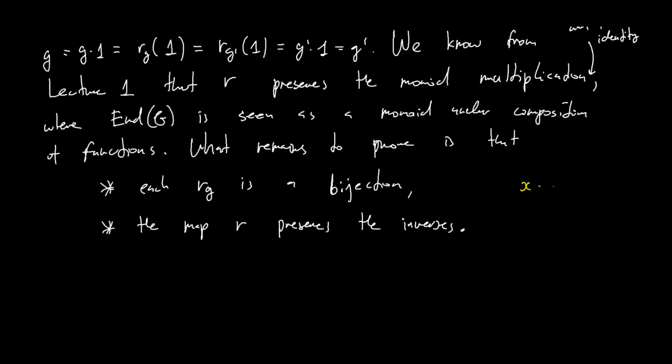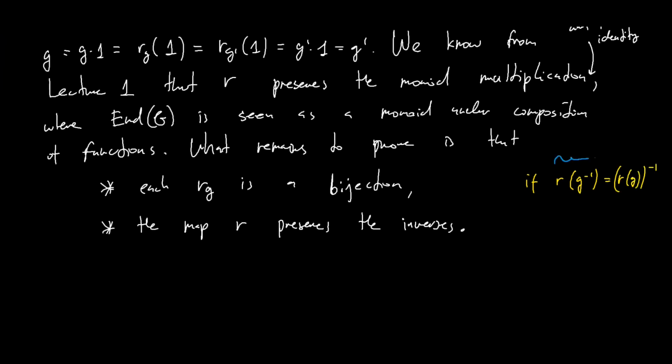So imagine we know that this is true. Then R of, okay, let me use G. If G prime is an inverse of G, okay, let's put it this way: if R of G inverse equals R of G inverse, that is exactly preservation of inverses.